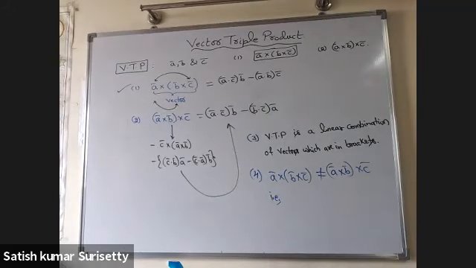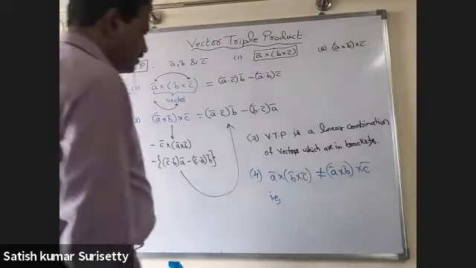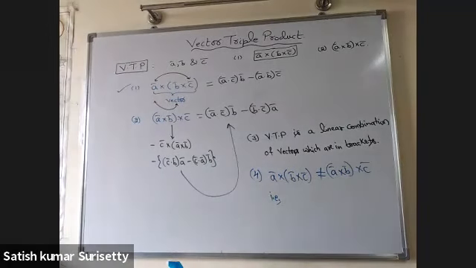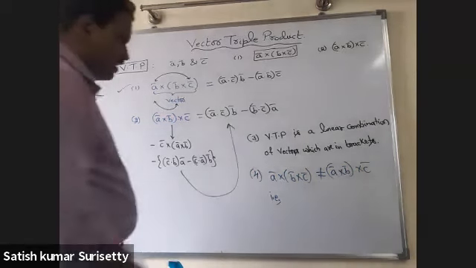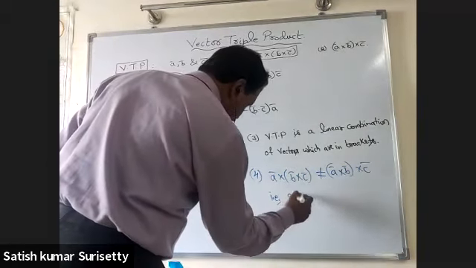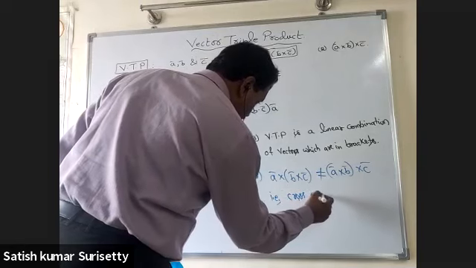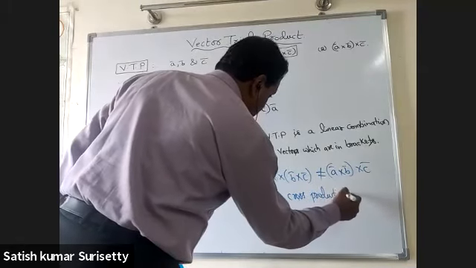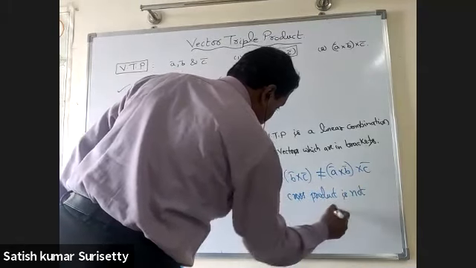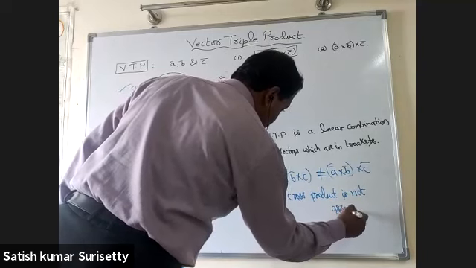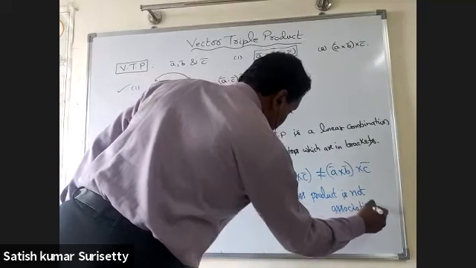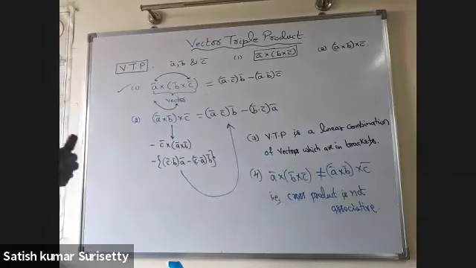That is, which property has failed here? Associative property, right? That is, the cross product of vectors is not associative, in general.